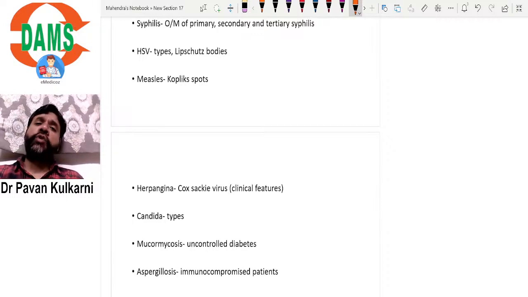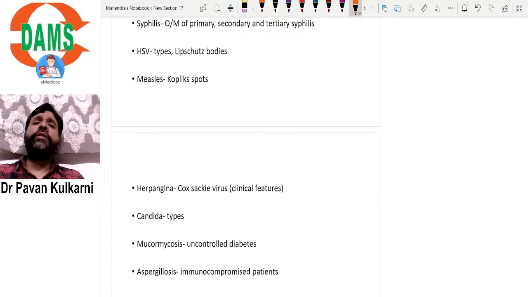Mucormycosis and aspergillosis are the two fungal infections which occur in uncontrolled diabetes and immunocompromised patients, respectively. Both will have typically the same clinical features. How to differentiate between the two is the histology.